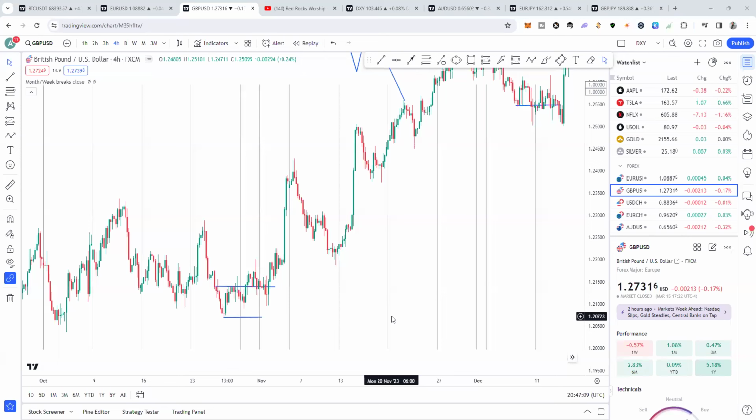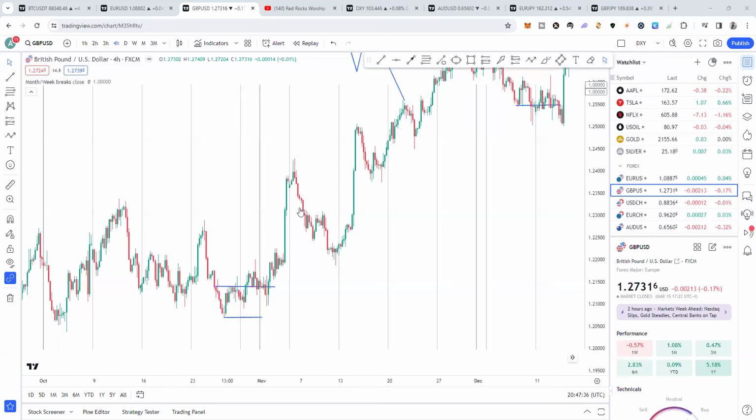Can you analyze this on the MT4? Yes, you can. But I'd prefer if you... I know that it's difficult to transition from MT4 to TradingView. It took me a while too.